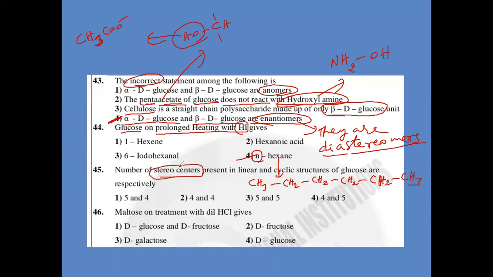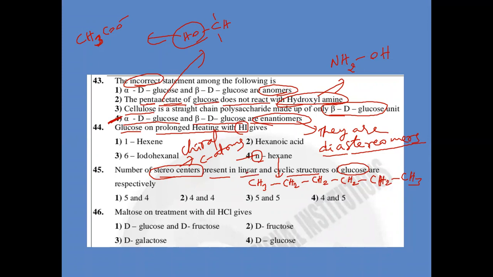Next. Number of stereo centers. Stereo centers means chiral carbon atoms. The number of stereo centers means the number of chiral carbon atoms present in the linear and also cyclic structures of glucose. Cyclic structure means the alpha form and beta form. The normal linear structure is CHO at the top, CH2OH at the bottom.